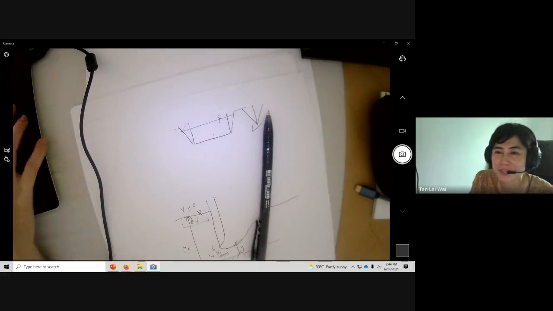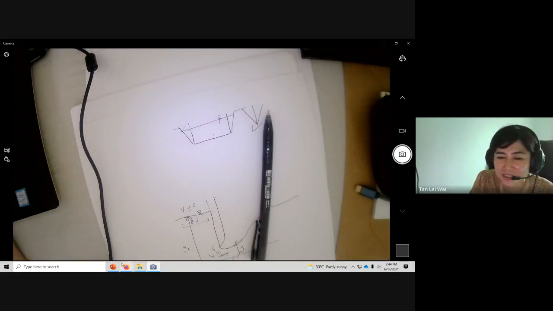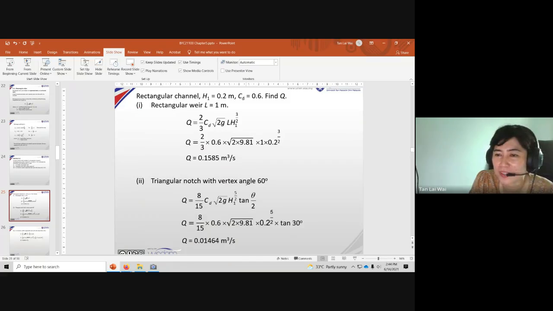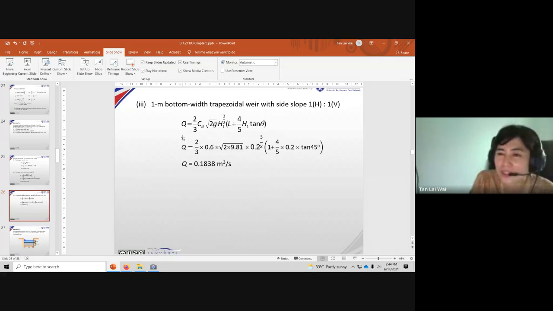If you don't believe me, let's go back here. We have this formula 8 over 15, H to the power of 5 over 2. Don't worry about this. Look at this. If I open up this trapezoidal equation, it will become 2 over 3 CD square root 2g L H to the power 3 over 2.